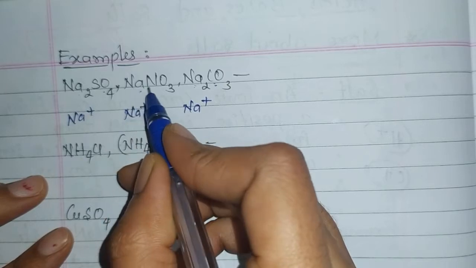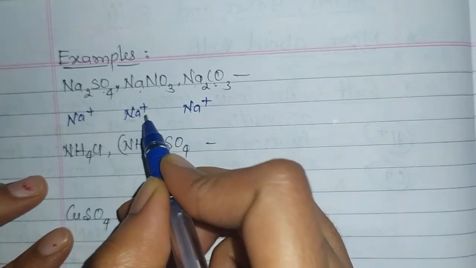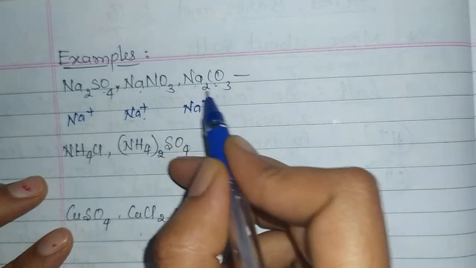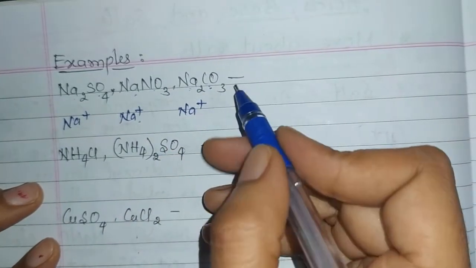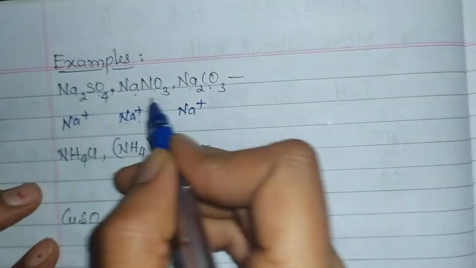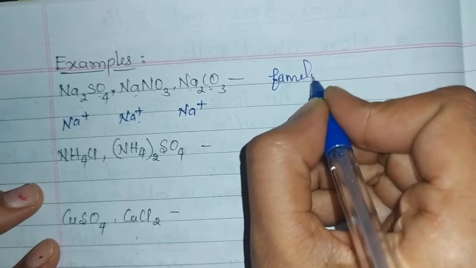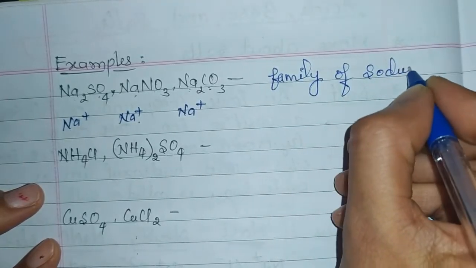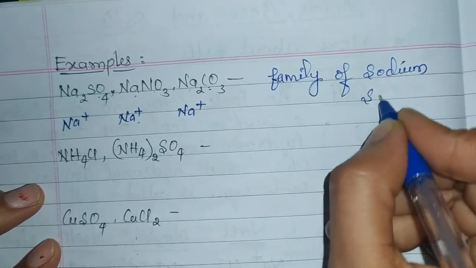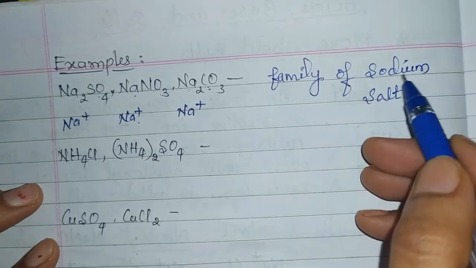In sodium nitrate also, sodium cation is the metallic ion, and here also sodium cation is the metallic ion. So all these three salts belong to the family of sodium salt.